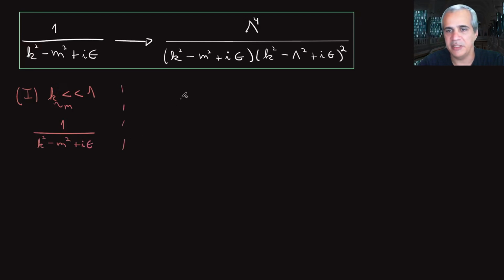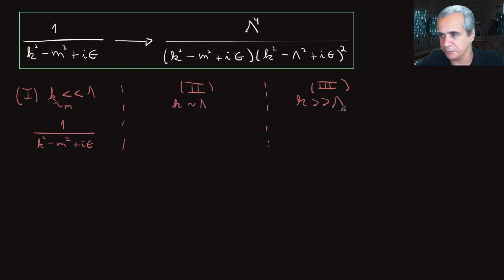There's an intermediate region where k is close to lambda, and then this is really the expression, there's not much you can do. And then there's a high momentum region, where k is much bigger than lambda.